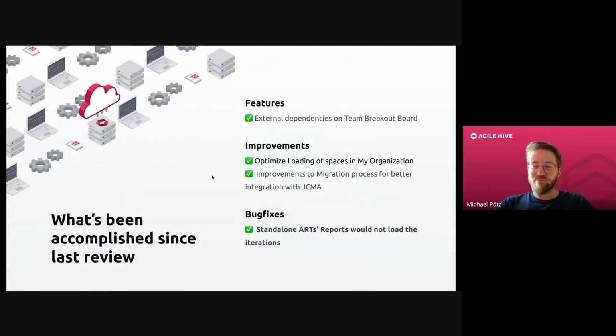All right. And then we come to the last point in this review for today. There was a bug with an ART that was not connected to a solution train. The ART report wouldn't load correctly when the ART was not connected to a solution train.